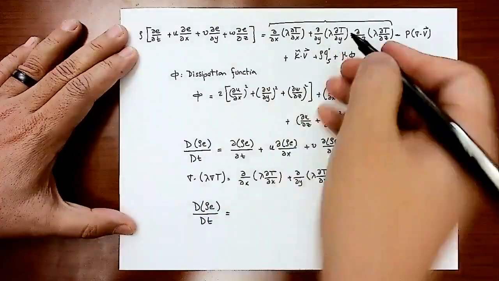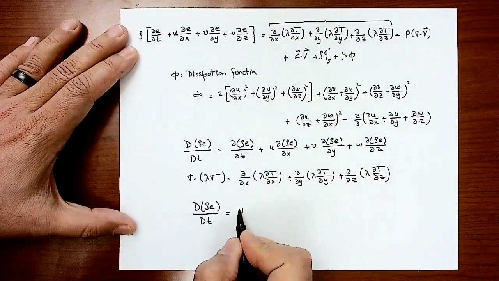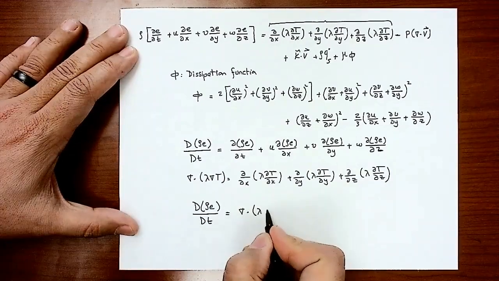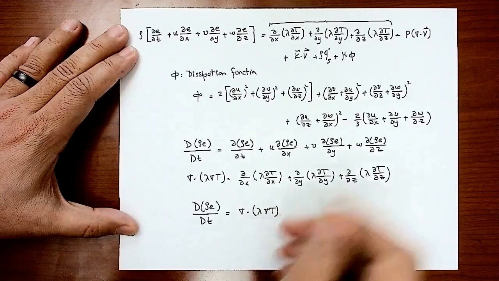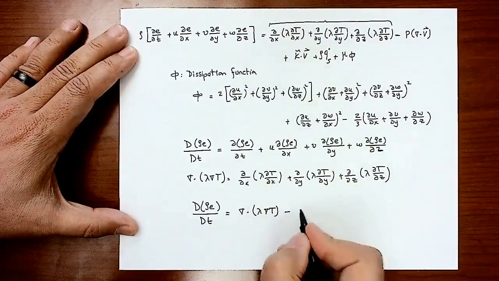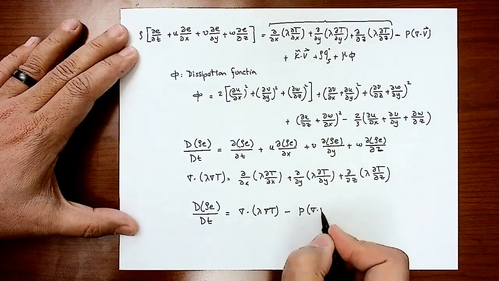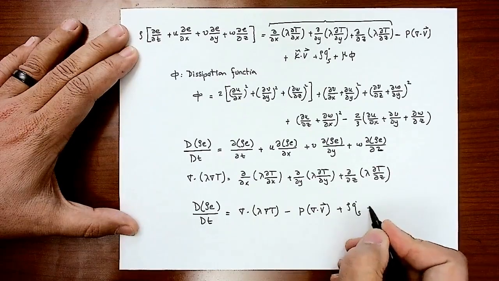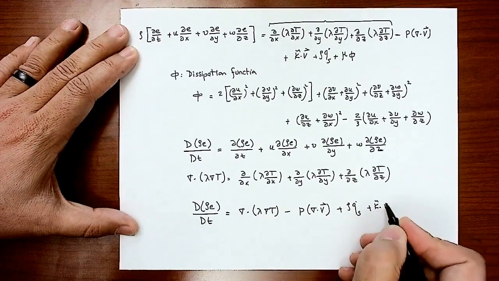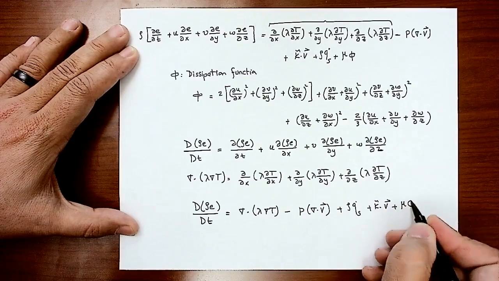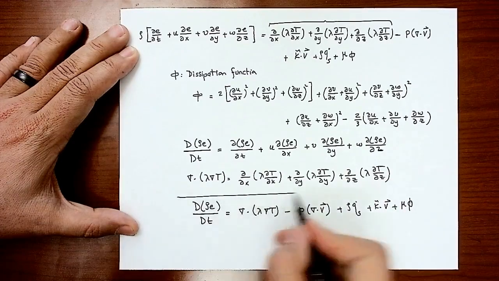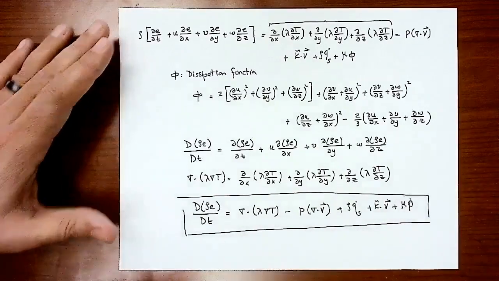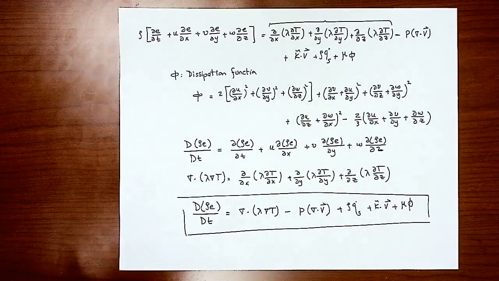Actually, that's going to equal nabla dot lambda nabla t, this is this term, minus p nabla dot v plus rho q dot s plus k dot v plus mu phi. And I will say this is the final form of the energy equation that we were looking for.